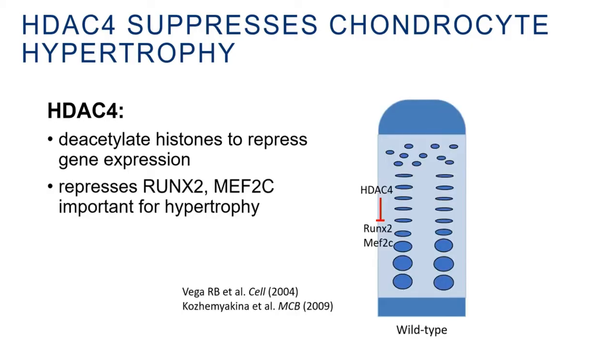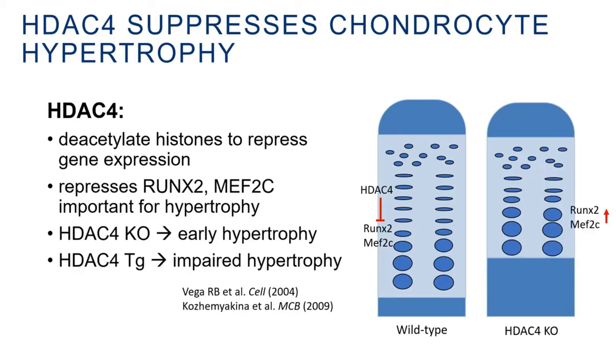HDAC4 represses a lot of genes, but most importantly, it represses genes like RUNX2 and MEF2C, which are transcription factors important for hypertrophy. And so when you have a knockout, you get upregulation of RUNX2 and MEF2C in the growth plate, and so you get some early hypertrophy. On the other hand, too much HDAC4 delays the expression of these genes, therefore you get impaired or delayed hypertrophy.